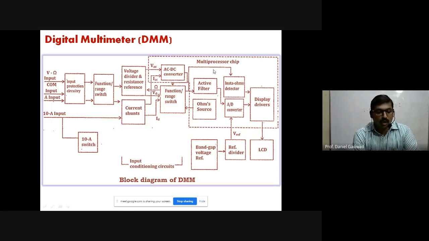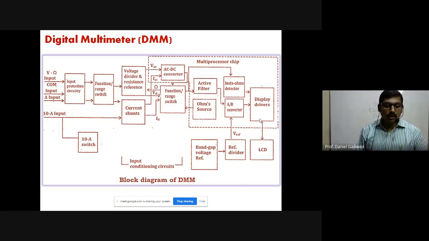By selecting the function or range switch, we get the voltage divider and resistance reference. In the voltage divider block, suppose we have to measure 50 volts. That 50 volts doesn't go directly to the display, but the voltage has to be divided to a small version. Divide by 5, divide by 10, divide by 50, 100.